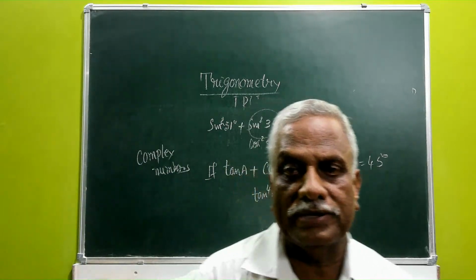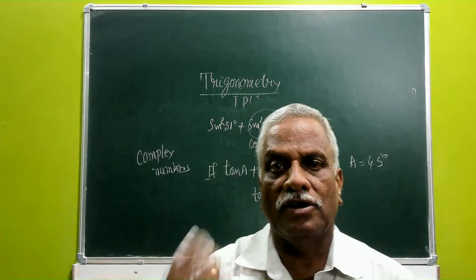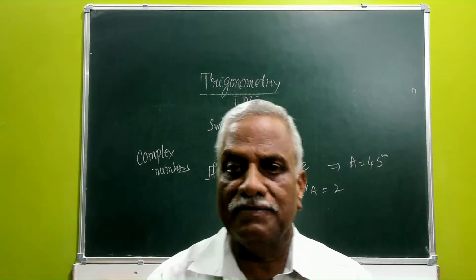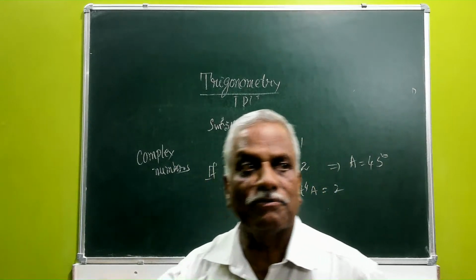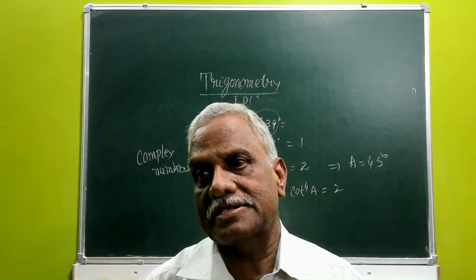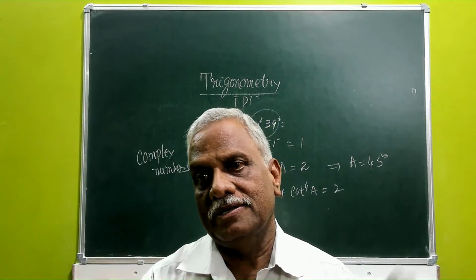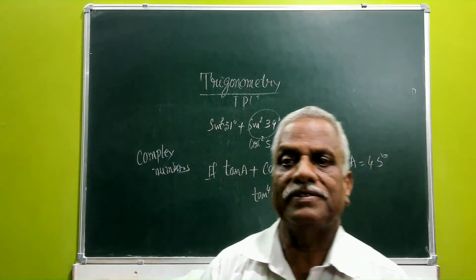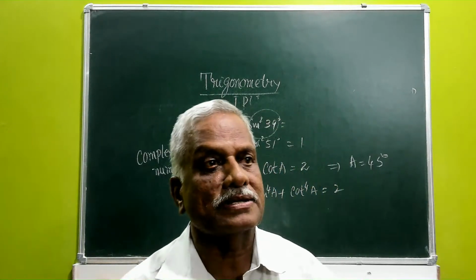Then we discussed allied angles: for odd multiples of 90 plus or minus theta, the trigonometric function will change; for even multiples of 90 plus or minus theta, the trigonometric function will not change. The sign will depend on the quadrant. Then I discussed the sine 2A and cos 2A formulas, then half angle formulas, and sine 3A, cos 3A, and tan 3A. And we have worked some problems based on that.